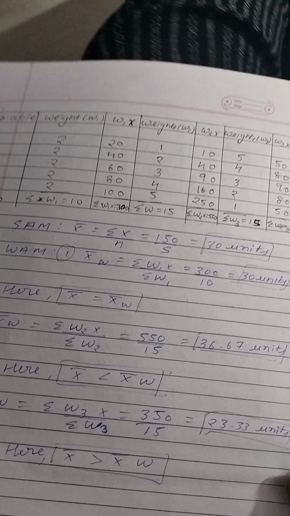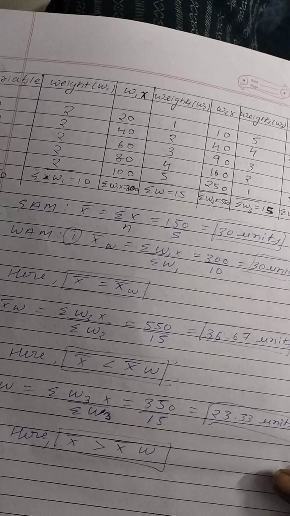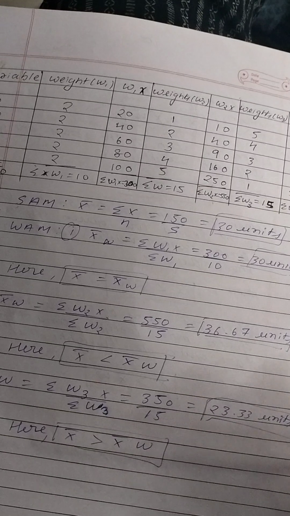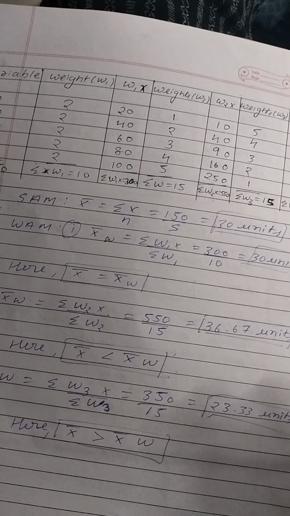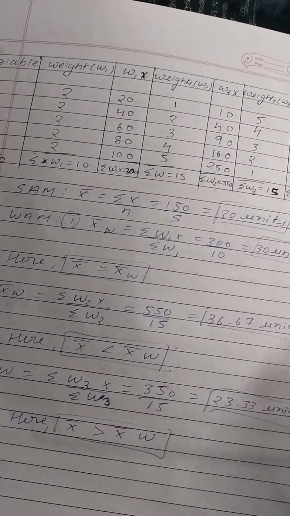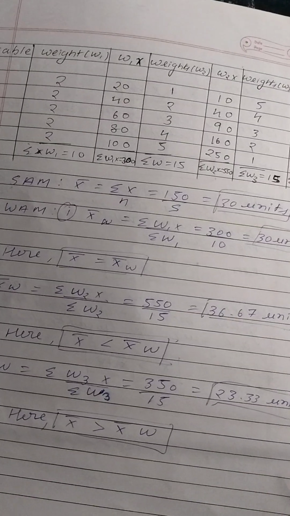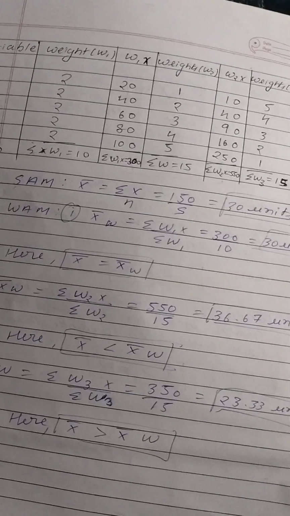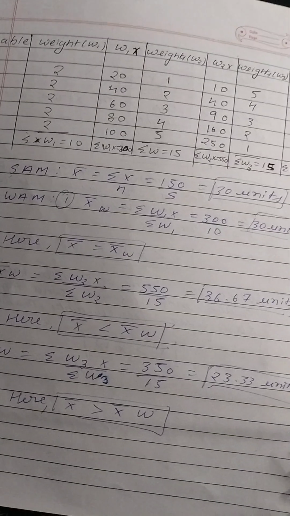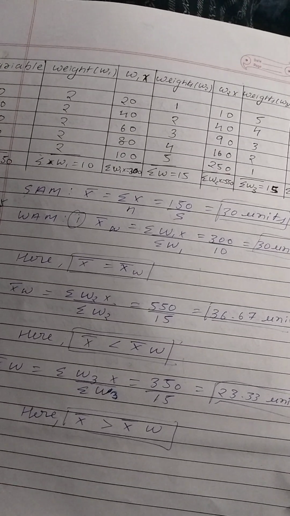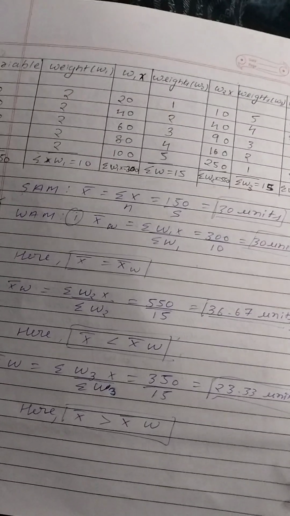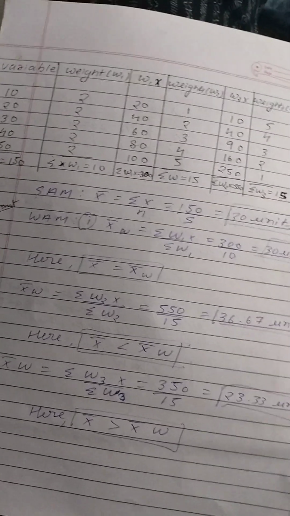Then there is one question on the weighted mean, which justifies the three situations: in one the means are equal, in the second they are not equal, where in one the weighted mean is greater and in the other it is not. First, to calculate the mean, simply calculate summation x by n and you get 30 units.